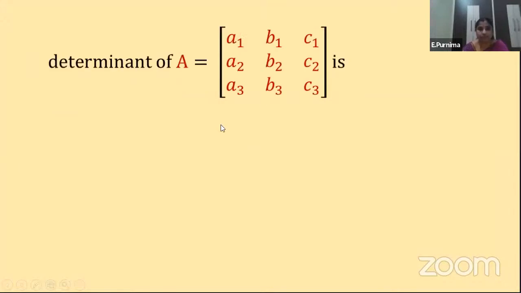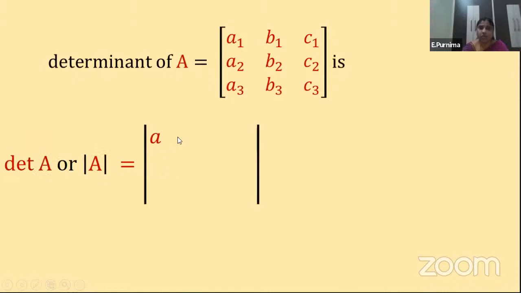Determinant A is equal to the determinant of A1 B1 C1, A2 B2 C2, A3 B3 C3. So we are trying to find the determinant of this.